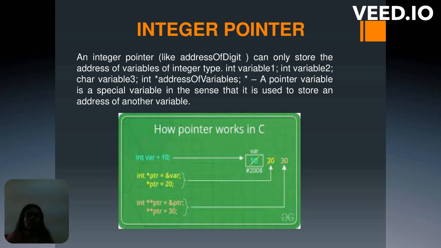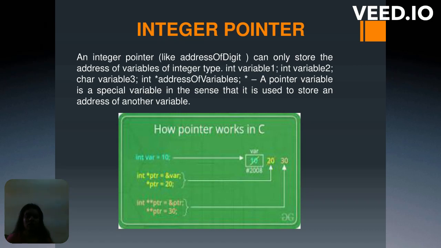For example, integer variable 1 and integer variable 2. Here we can see a char or character variable, which cannot be stored in an integer pointer. So int *, the address of variables, is the asterisk.